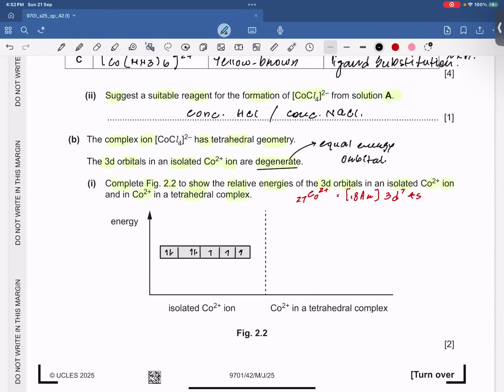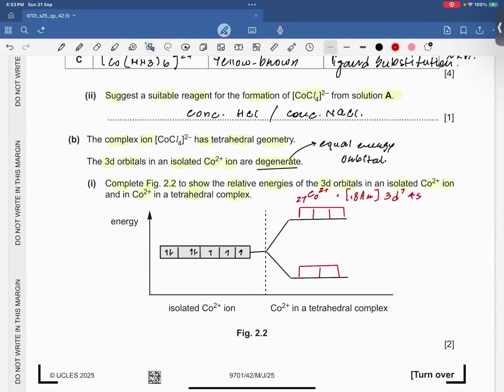So what we can write here is that the first 3 d orbitals have higher energy and the last 2 d orbitals have lower energy.